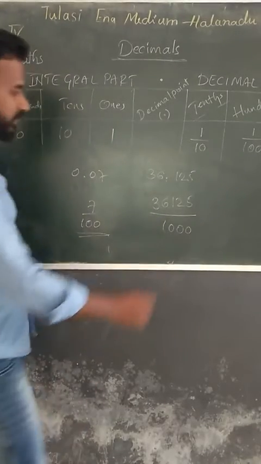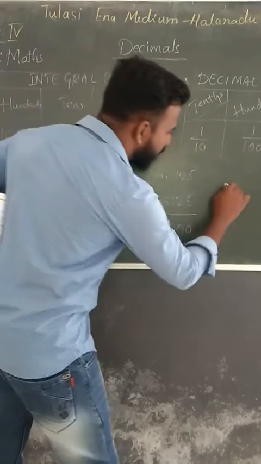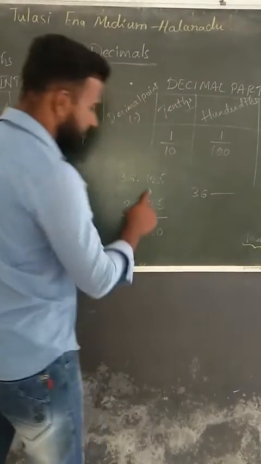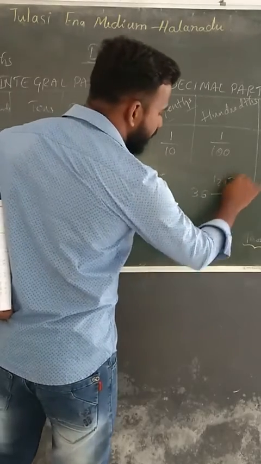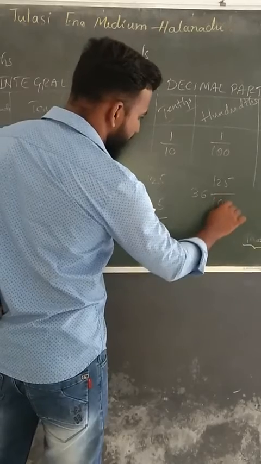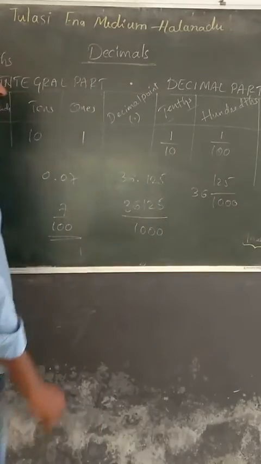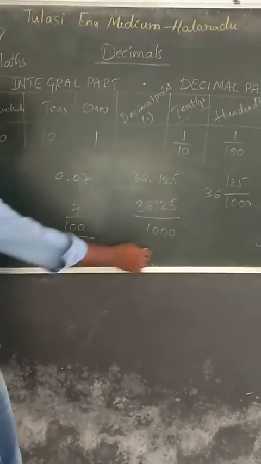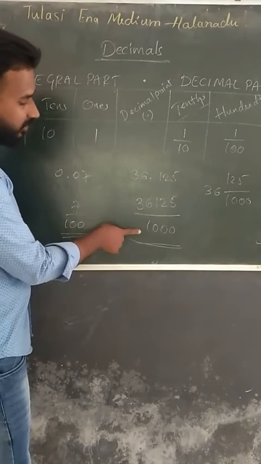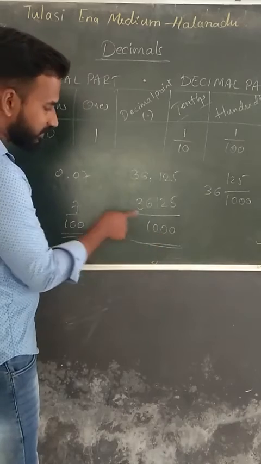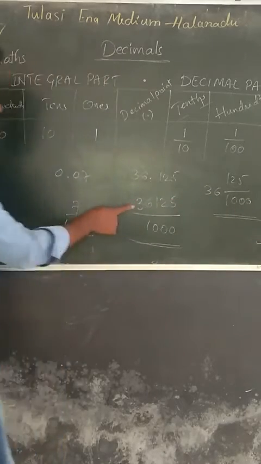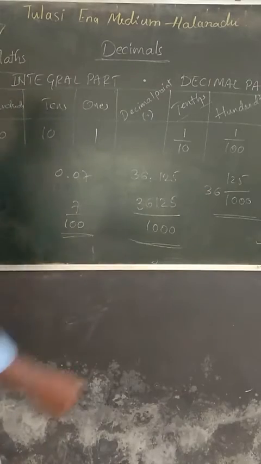Or in other words, 36 whole number and 125 by 1000. Because the numerator is greater than the denominator, we have to write the fraction as a mixed fraction if it is improper.